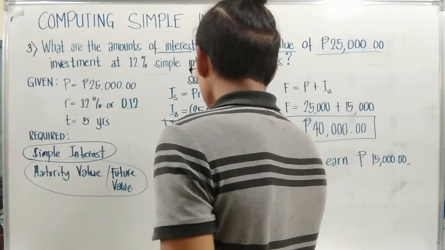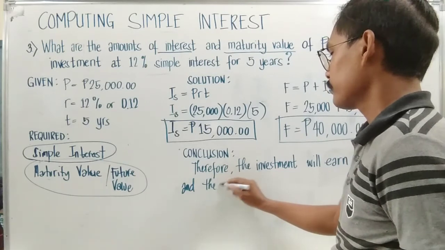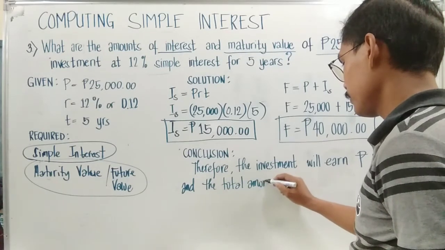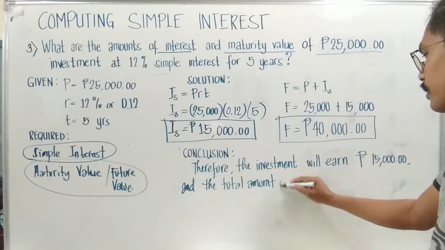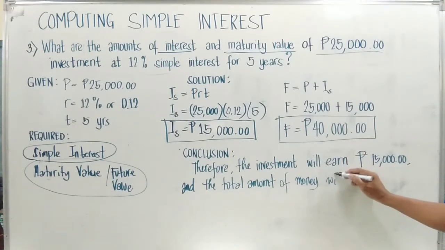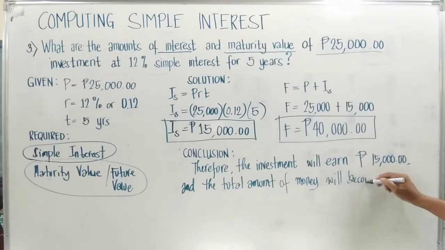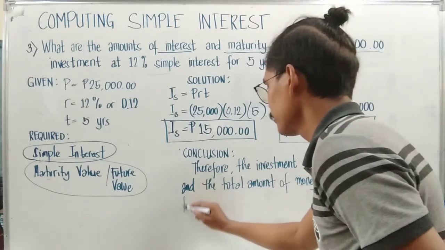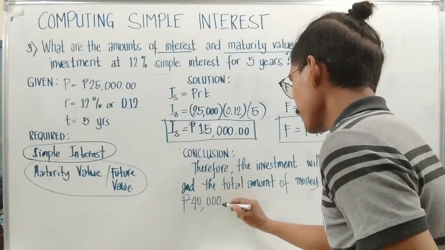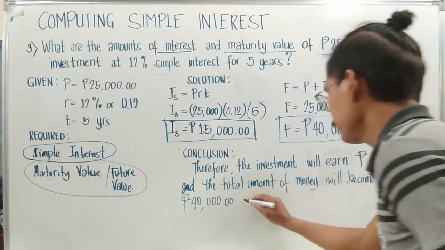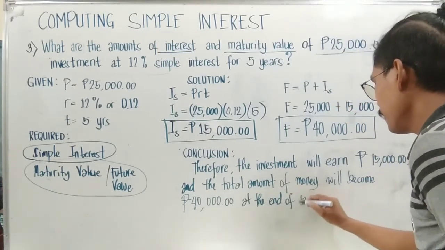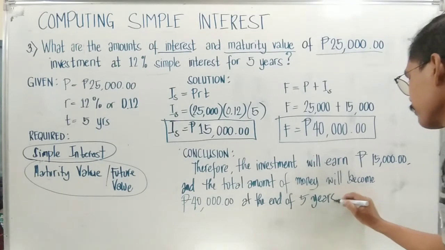And the total amount of money or investment will become 40,000 pesos at the end of 5 years.